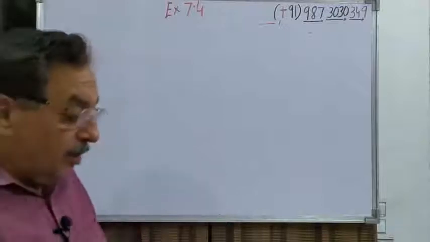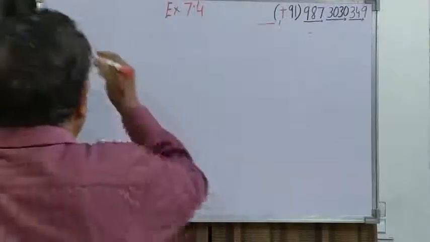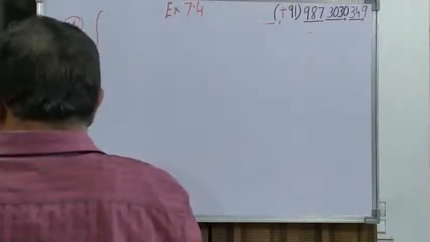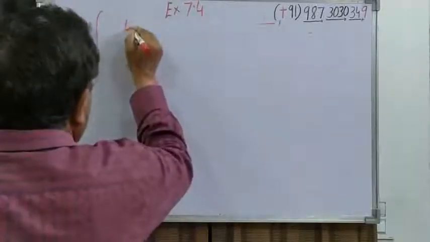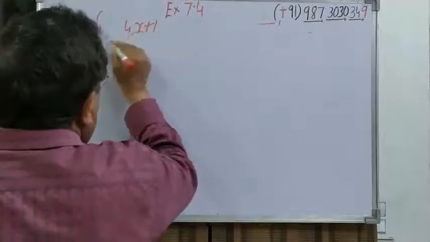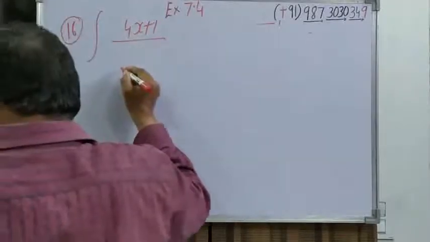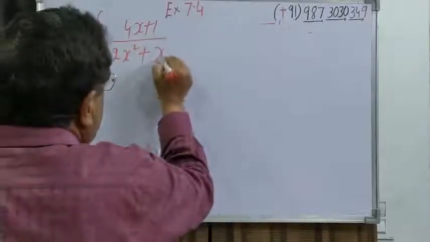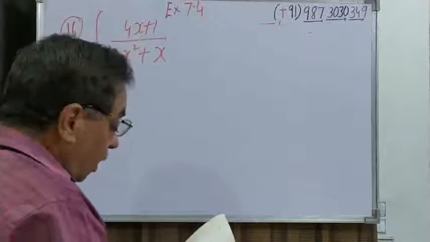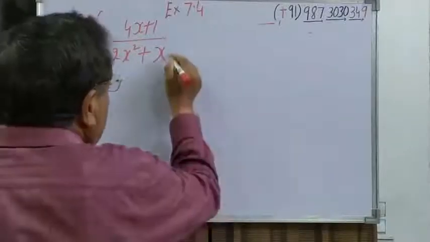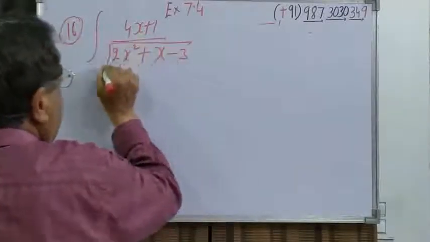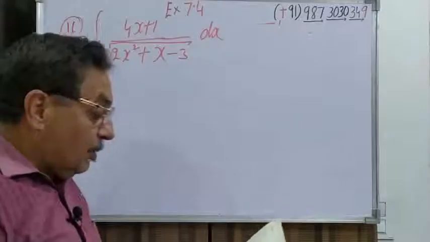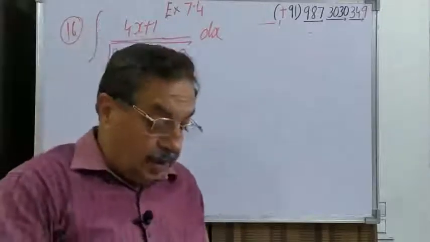So what question number 16 says, write down, integration of 4x plus 1 divided by the square root of 2x square plus x minus 3, with respect to dx. 2x square plus x minus 3, this one.